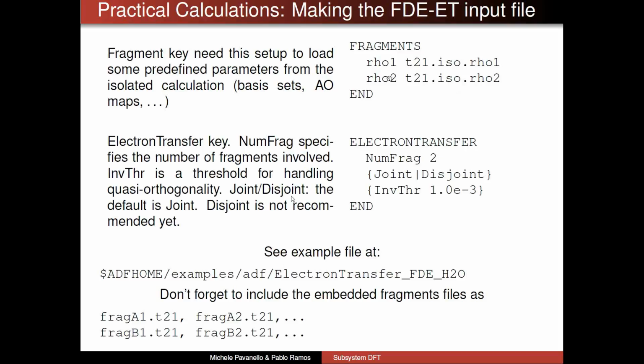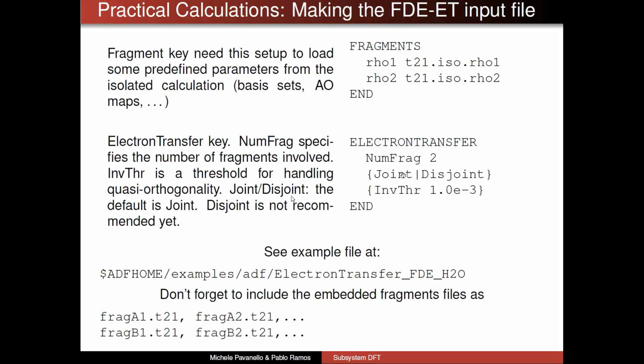But you might want to put more than 2 fragments. In the case of Pablo, how many fragments did you have, Pablo? 10 fragments. So in his case, he had 10 fragments. You have to put 10 here. The first 2 fragments are always the ones that interchange the charge, for technical reasons again. And in that case, he placed a number 10 there.